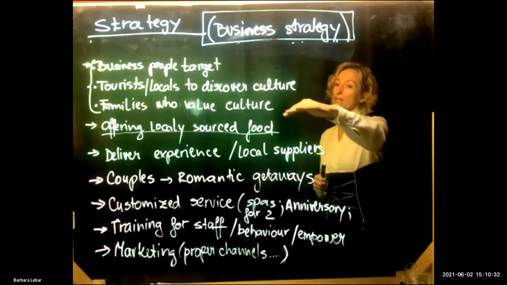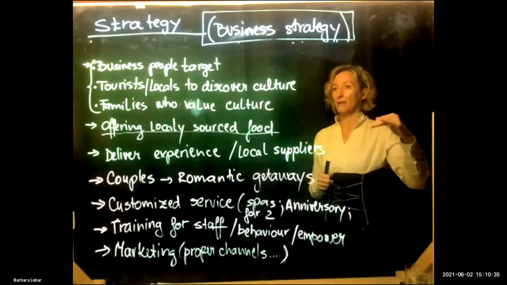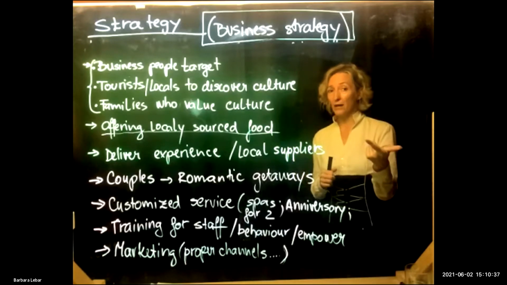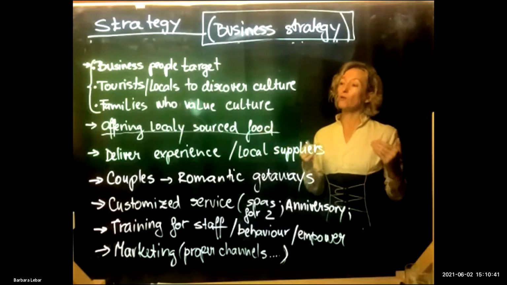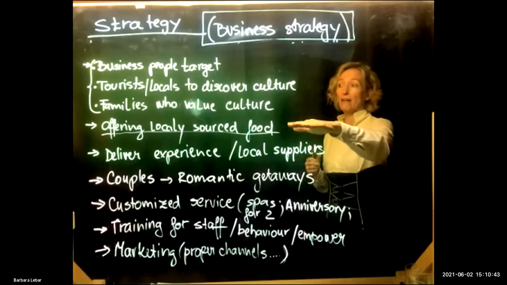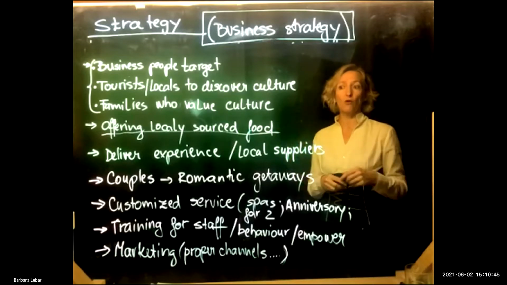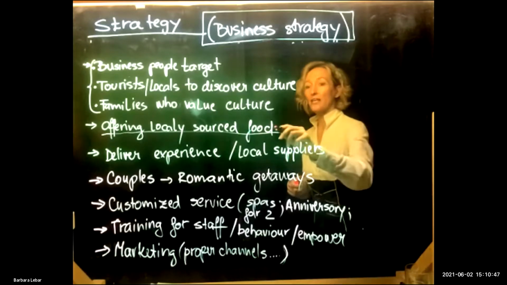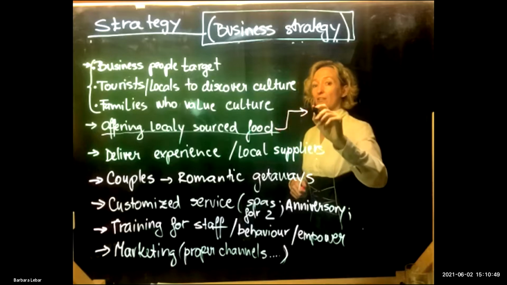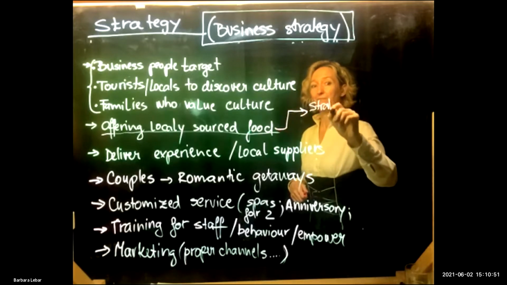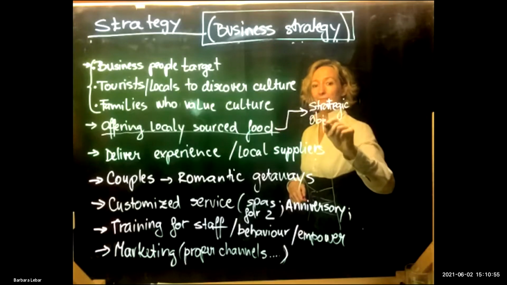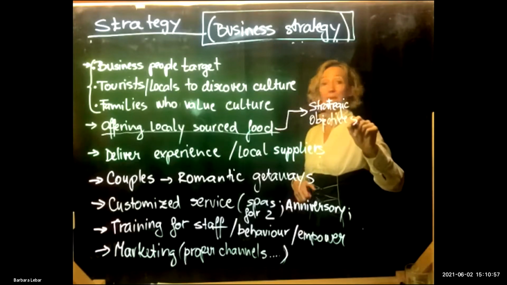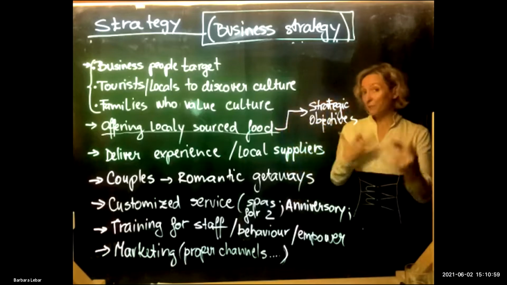So you can actually specify, we need to have 1 or 2 suppliers, just to be on the safe side, if one supplier, so it's more concrete in this case. It's great that you said offering locally sourced food, but now here will come certain strategic objectives. And there may not be only one, it can be more.